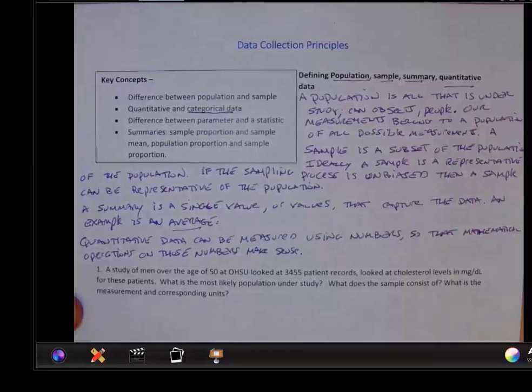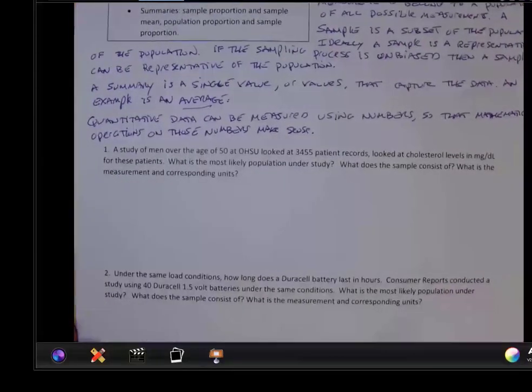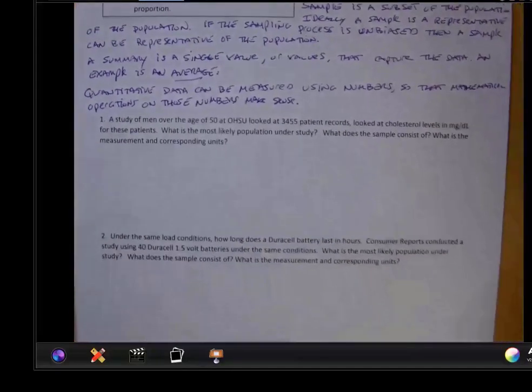In that case, that's a form of a category. Often we think of categories as being described in words, but sometimes they're described by numbers. The difference is that adding, subtracting and multiplying those numbers makes absolutely no sense. But we're going to stick to something not too confusing.